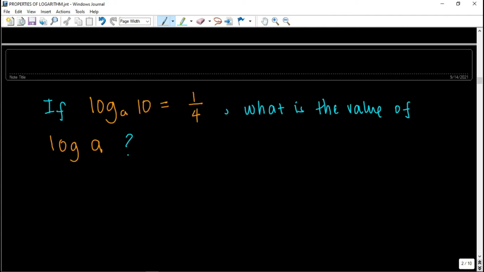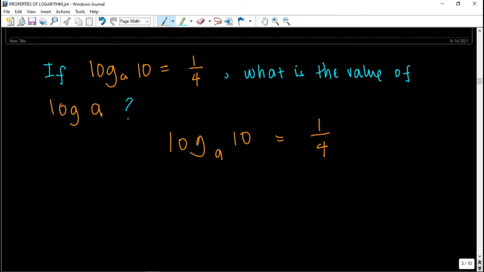So in the second problem, we have: if logarithm base a of 10 is equal to 1/4, what is the value of logarithm of a? Basically, we need to get a and then get logarithm of a. From this expression, logarithm base a of 10 equals 1/4, it means that when we raise a to 1/4, we get 10.